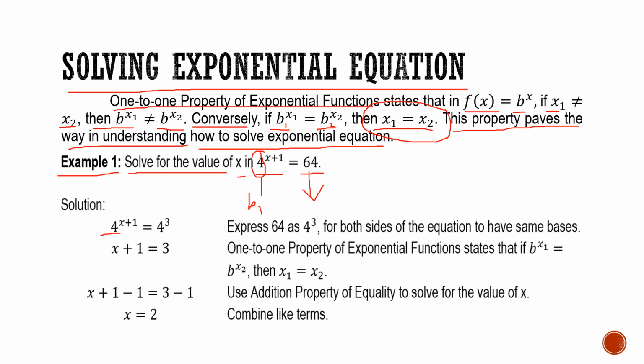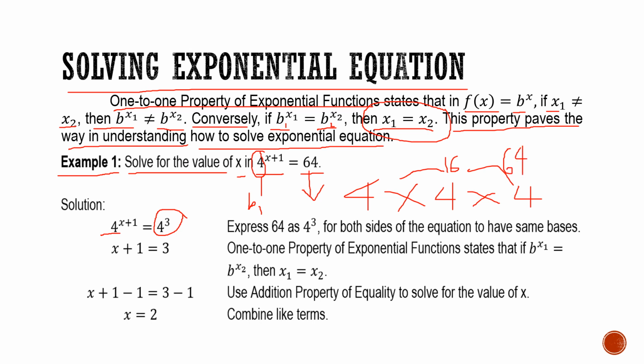Since 4 raised to 3 is equal to 4 multiplied by 4 multiplied by 4, that will be equal to 16 here. 16 multiplied by 4 will be equal to 64.